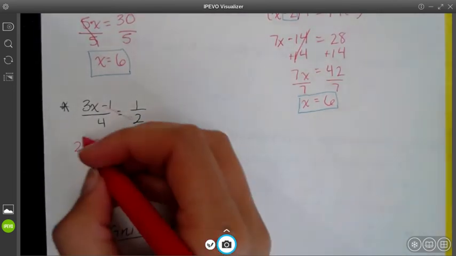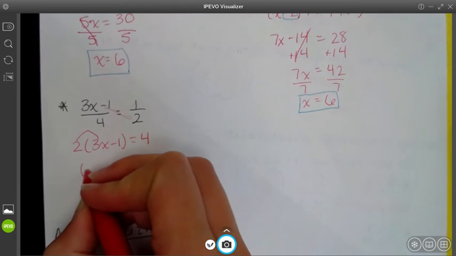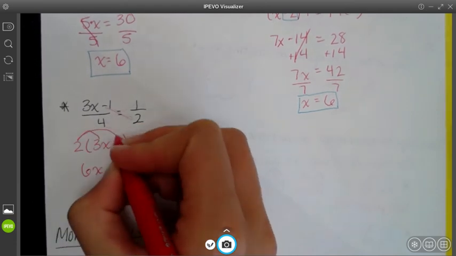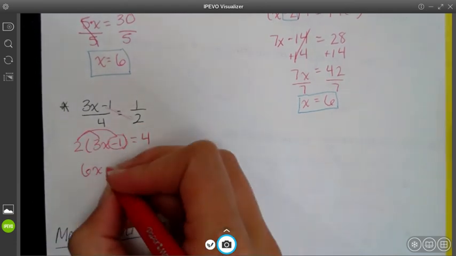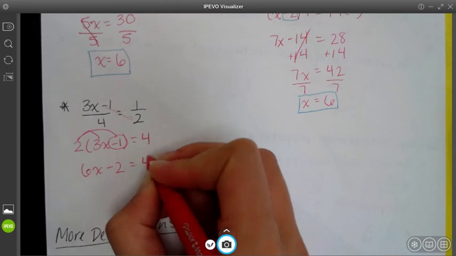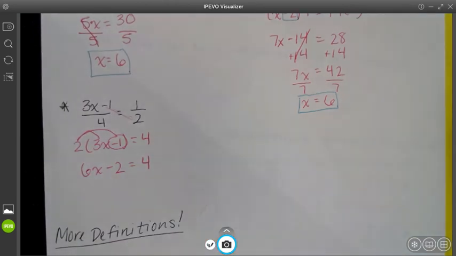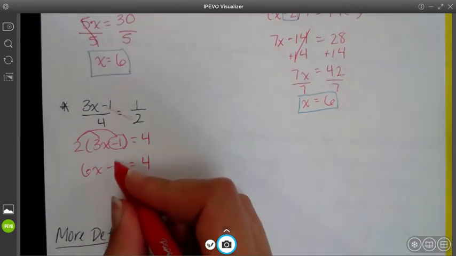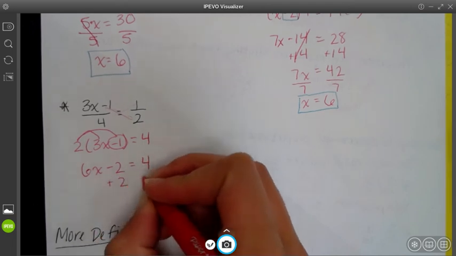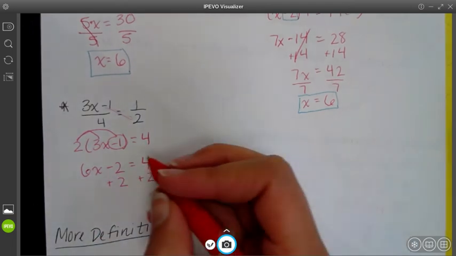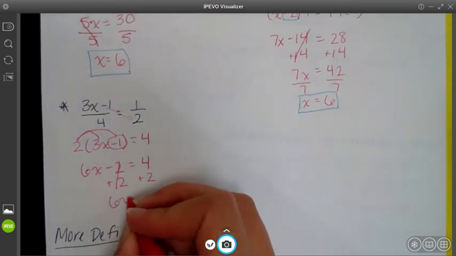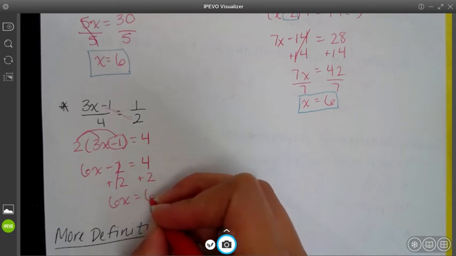Going to distribute: 2 times 3x is 6x, 2 times a minus 1 is minus 2, equals 4. PEMDAS in reverse order. I'm going to get rid of this subtraction first by adding 2 to both sides. Those will cancel, and I'll have 6x equals 4 plus 2, which is 6.